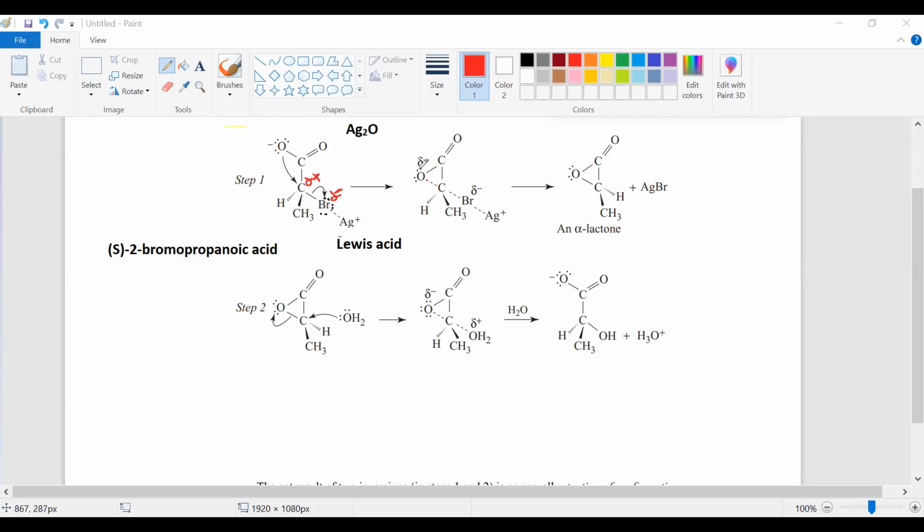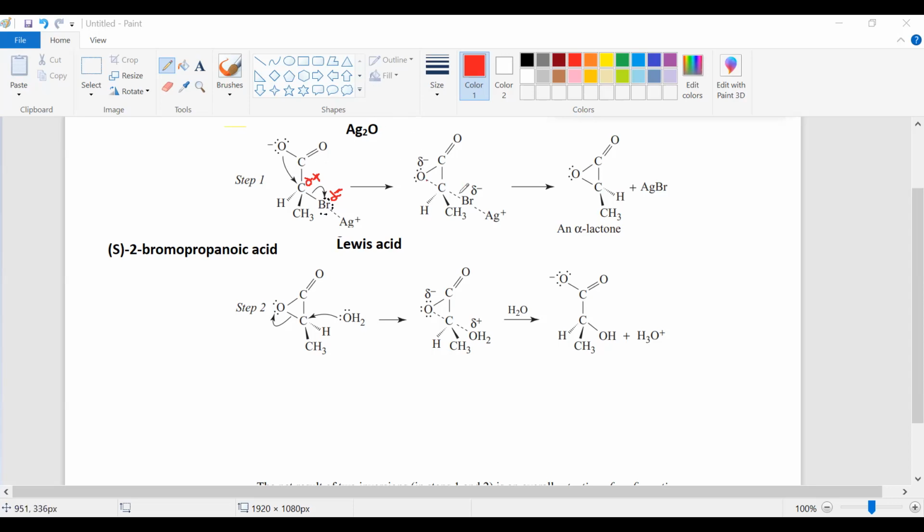What happened here in the bond formation process when the oxygen adjacent to this carbon was forced, no? Because you already developed a partial positive here.